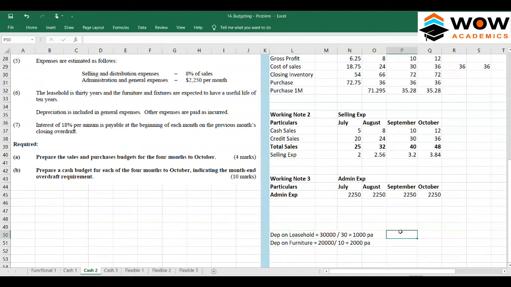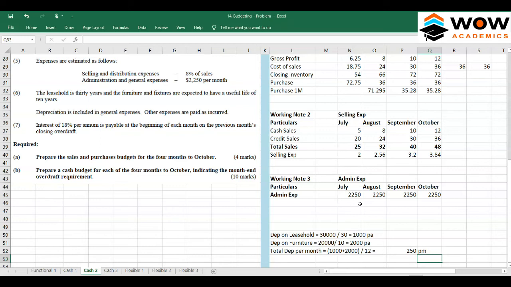We'll also have to get per month because these are per month numbers. So I think we'll work out total depreciation per month. Per year depreciation is 1000 plus 2000, divided by 12. That will give us an answer. So that is 250 per month.